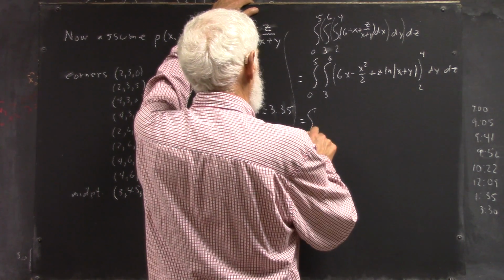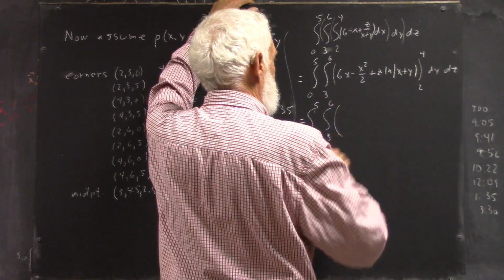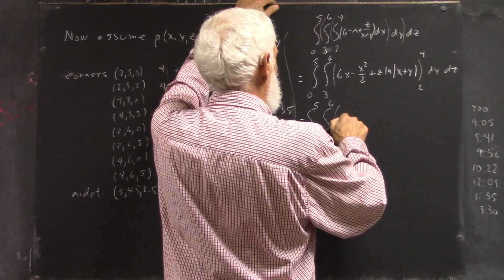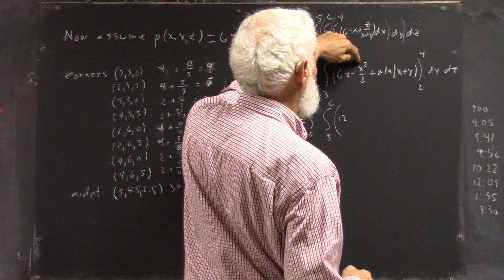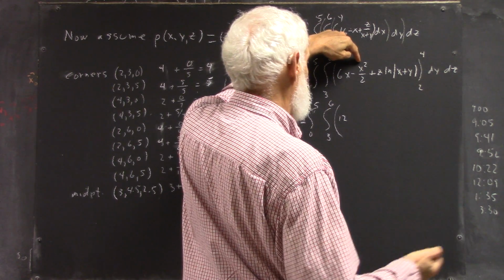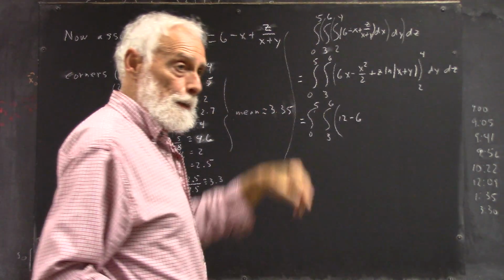So, now check my arithmetic, because I tend to screw it up, but 4 minus 2 is 2, so 6 times 2 is 12. So we're going to get a 12 out of that. x squared is going to go from 4 to 16, and that's a difference of 12. Dividing by 2 is a difference of 6. Okay?